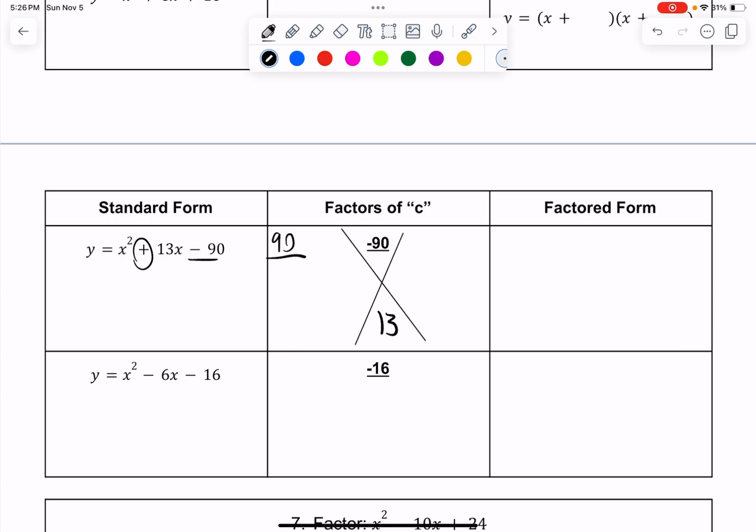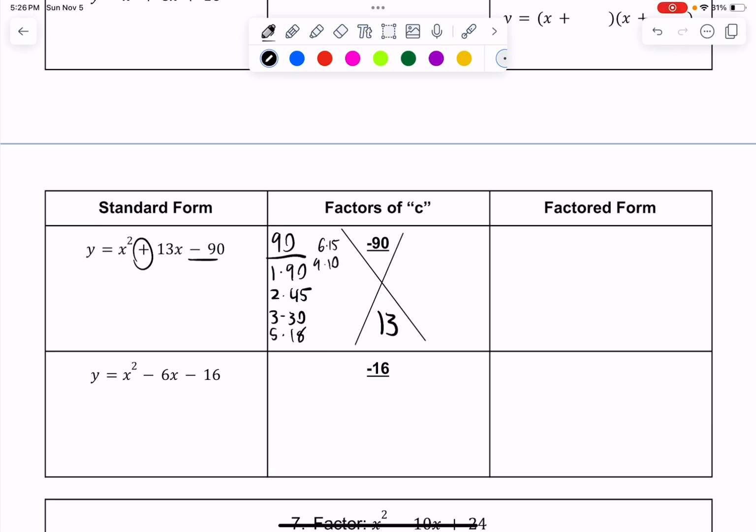Our factor chart of 90 means that we're going to have 1 times 90, 2 times 45, 3 times 30, 5 times 18, 6 times 15, and 9 times 10. So there's a ton that we have to try.